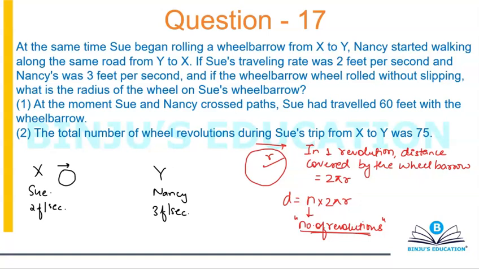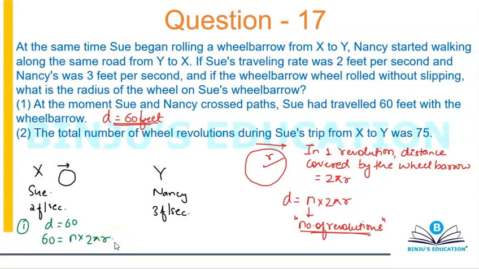The first statement says at the moment Sue and Nancy cross paths, Sue has traveled 60 feet with the wheelbarrow. If Sue has traveled a total of 60 feet, the distance covered by the wheelbarrow is 60 feet. So from statement 1, D is 60, and my equation is 60 equals n into 2 pi r.